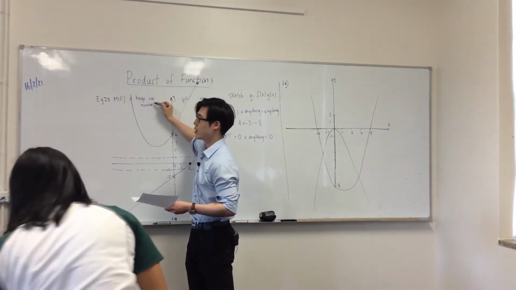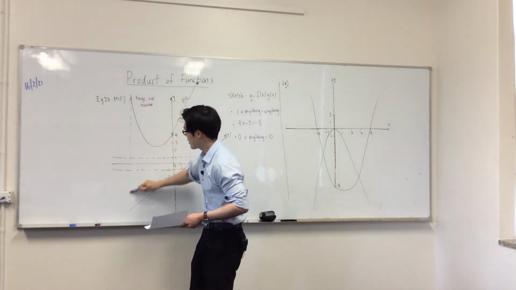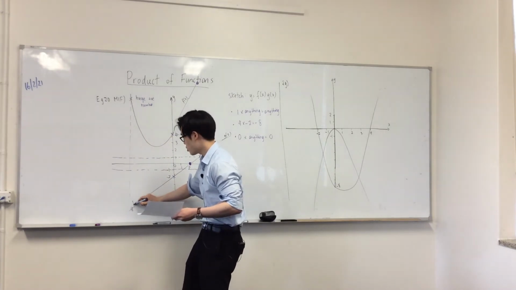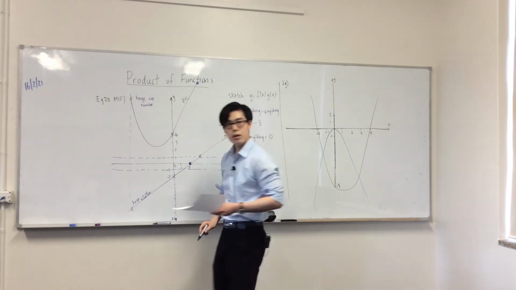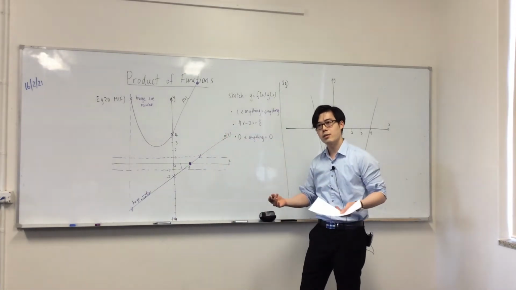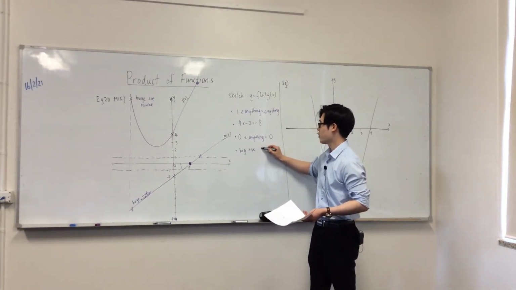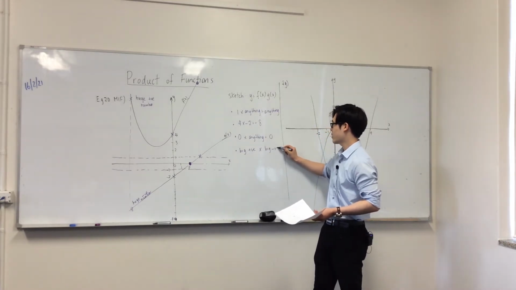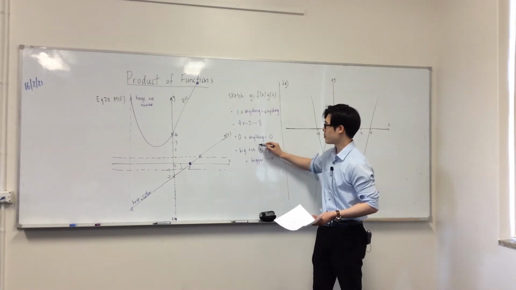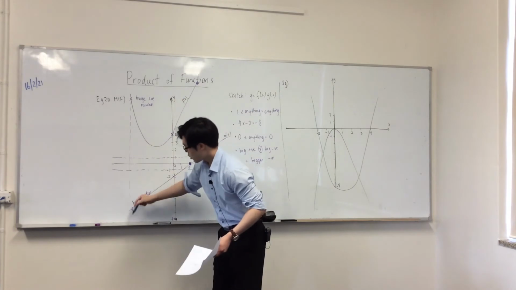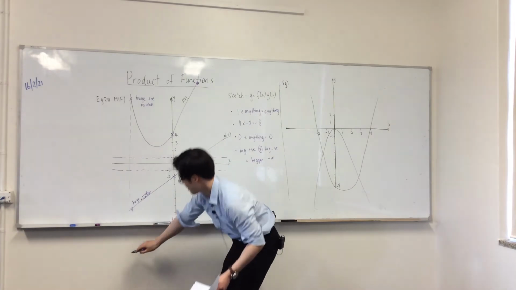If you have a big positive number multiplied by a big negative number, you get a bigger negative number. So obviously it's going to be somewhere all the way down there, so it's actually out of scale.